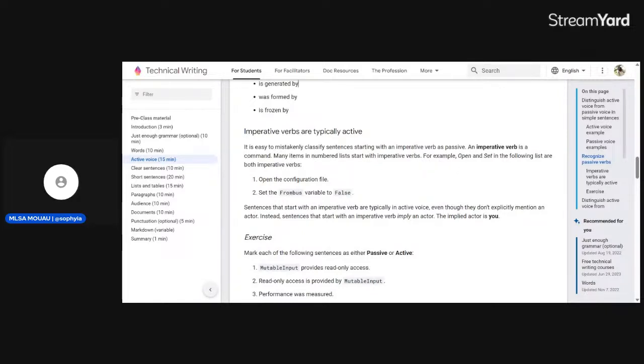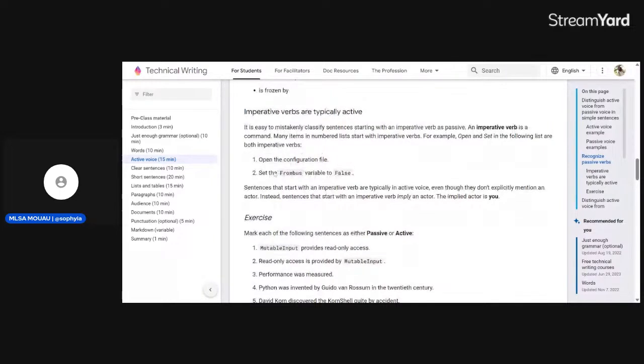For example, open and set in the following list are both imperative verbs. Open the configuration file is an imperative verb. Set the frobos variable to false is also an imperative verb.